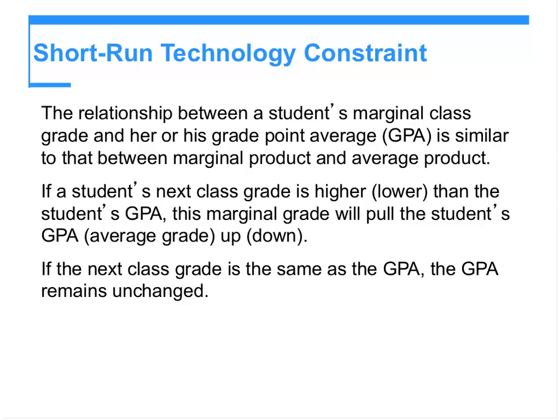If your next subject is 95, definitely your GPA average will go higher. And if it's lower, your average GPA will go lower. Very clear. For example, if it's 75, your average will go down. If it's high, your average will go high. Very simple. If the next class grade is the same as the GPA, the GPA will be the same. This is quite understandable and clear.